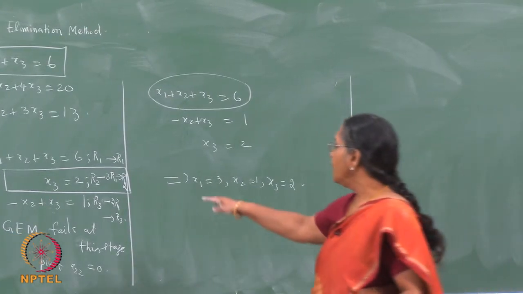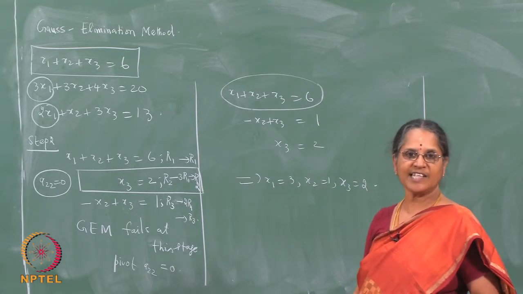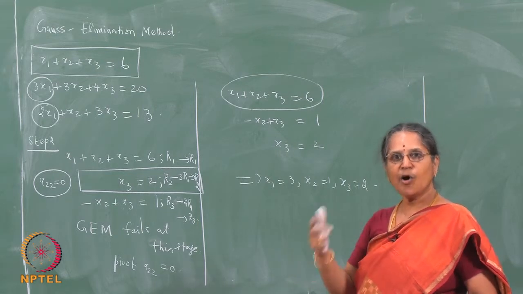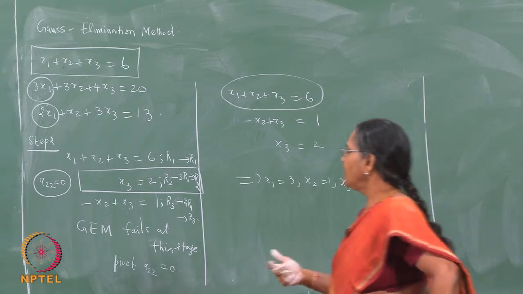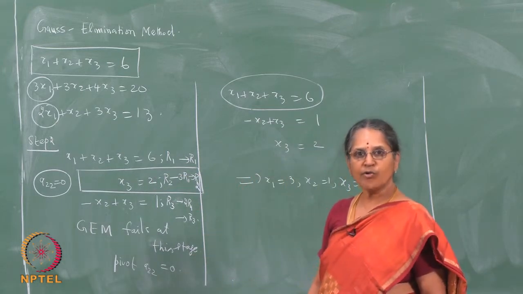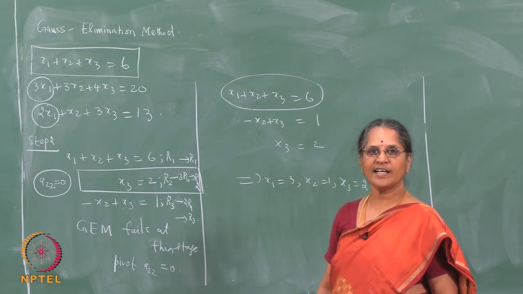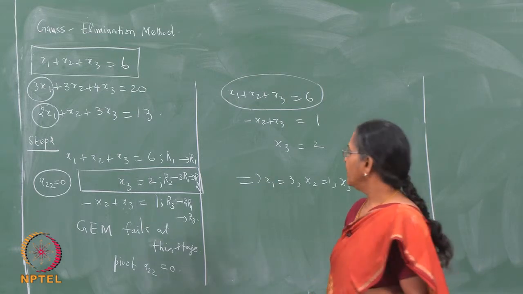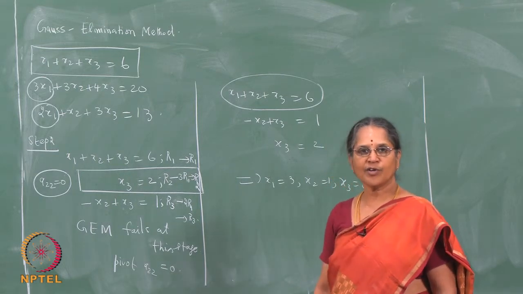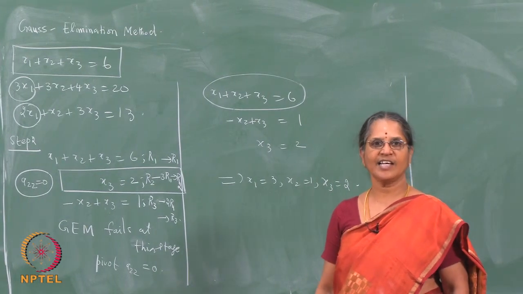When the pivot in the pivotal equation at that stage turns out to be 0, or the pivot is a very small quantity, so that when we divide by that pivot, large round off errors might occur. In all these cases, we say that the Gauss elimination method fails at that particular stage and employ what is called a pivoting strategy. So, we shall explain this strategy as follows.